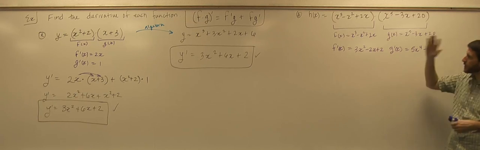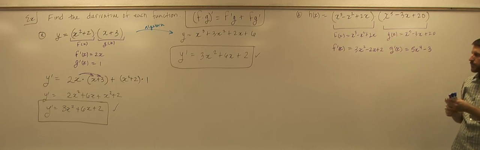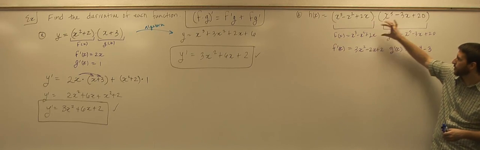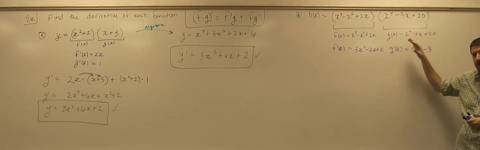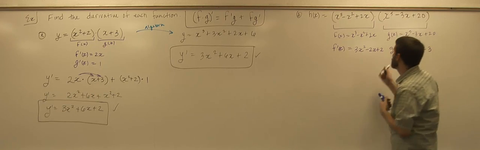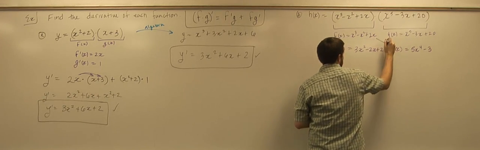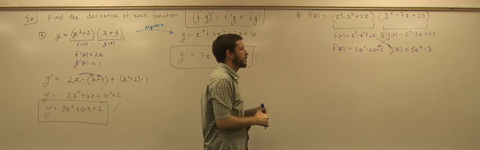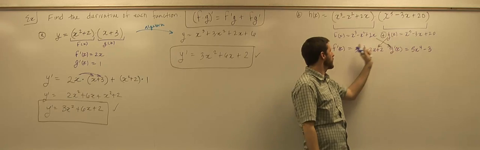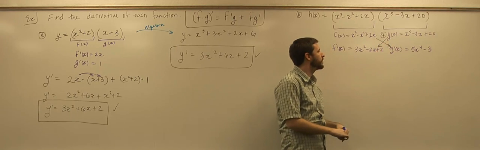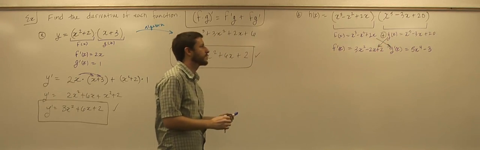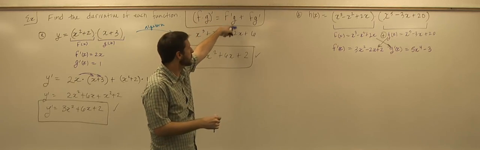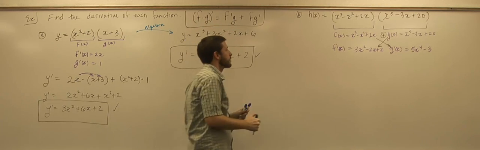If you're a little bit more visual, another way you can remember the product rule is to set up your f and g, set up your f prime and your g prime right underneath, and then just multiply the diagonals and add the results. f times g prime plus f prime times g. We'll get you the same thing.